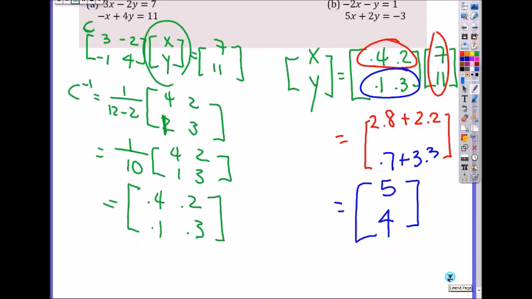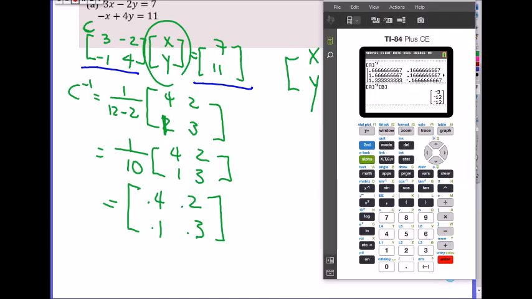So what do we have to do? We have to put these two matrices in the calculator, and find the inverse and multiply by that. So go to second matrix again. Edit. This time 2 by 2 and 3, -2, -1 and 4.